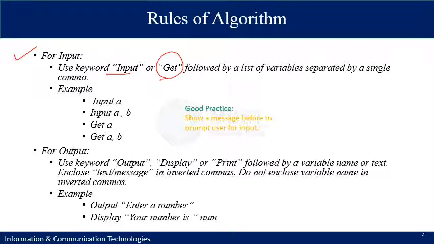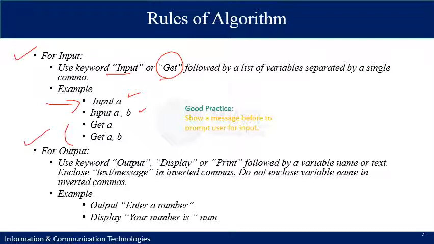If you want to get one input, it is input A. If you want to get two inputs, input A, B. Similarly, you can use get A, B. It is a good practice to show a message before prompting the user for input. For example, you can display 'Enter a number' and then input A in your algorithm.